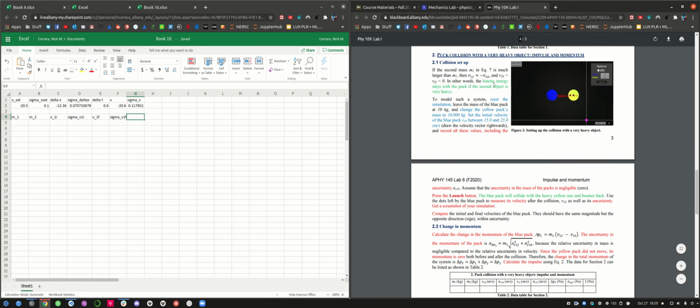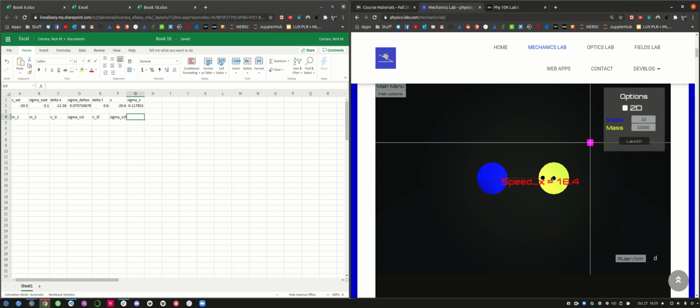Now again, we want to set the initial velocity somewhere between 15 and 25. So I'm just going to make it 18.3. And my uncertainty again is 0.1. And the masses are 10 and 10,000.